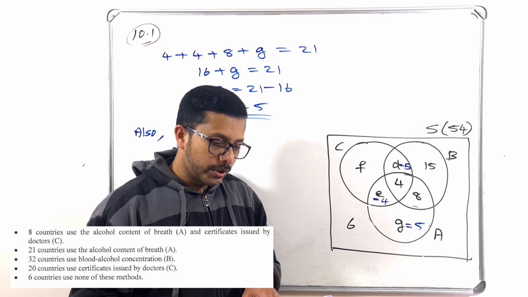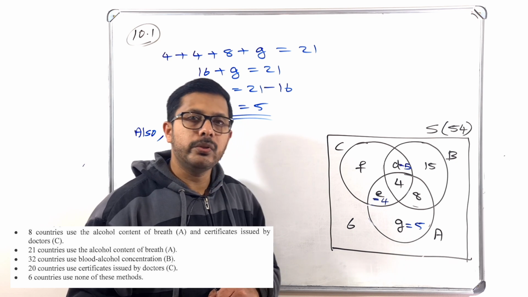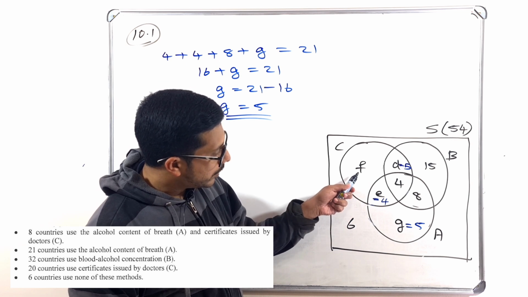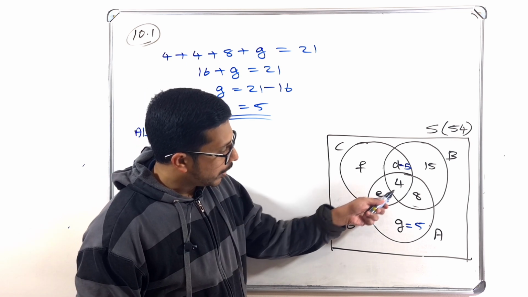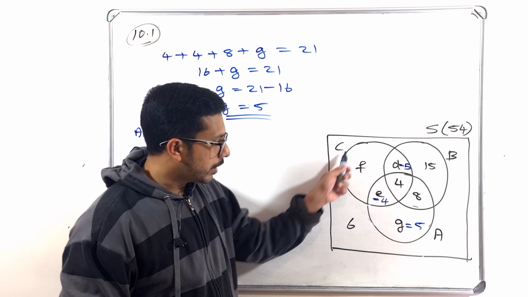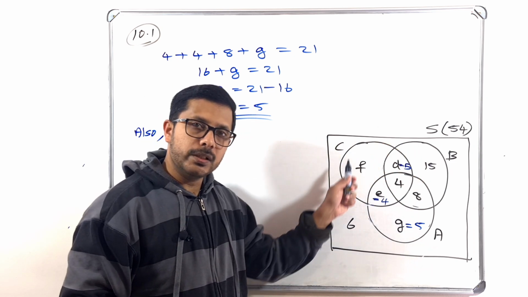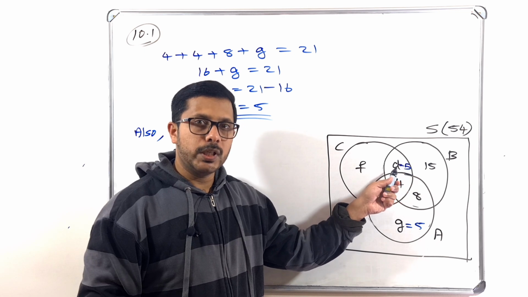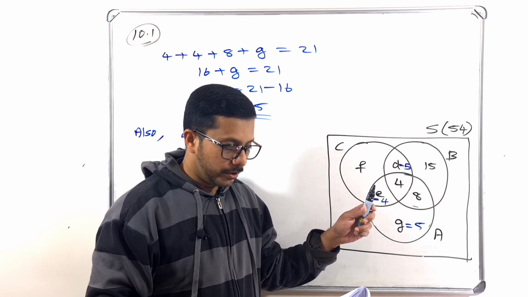20 countries use C. So here what does C mean? F plus 4 plus 4 plus 5. You have to consider the C circle, all the numbers in the C circle. When you add all the numbers in the C circle, you are supposed to get 20.